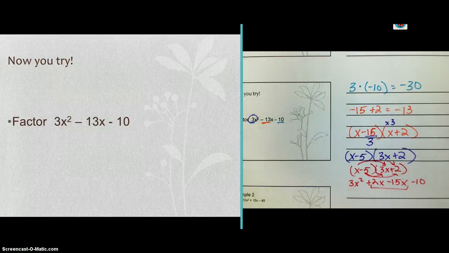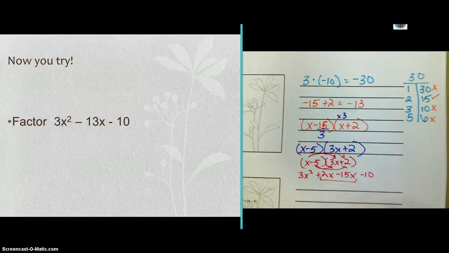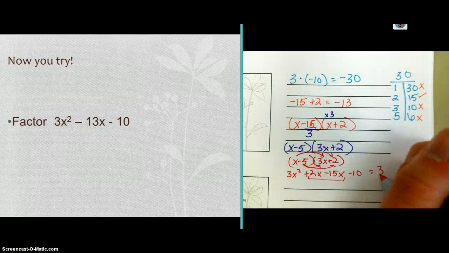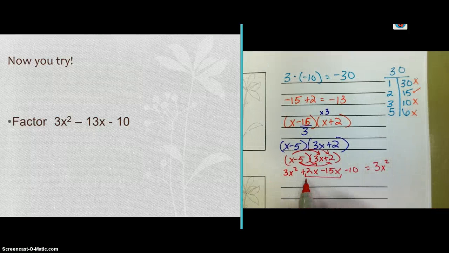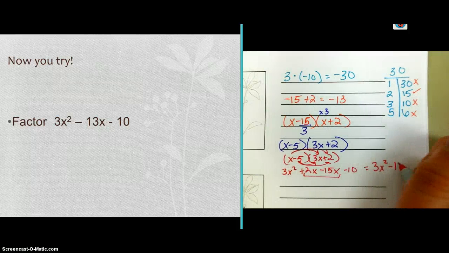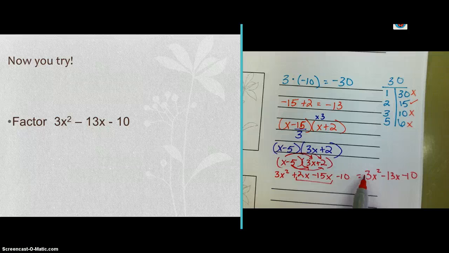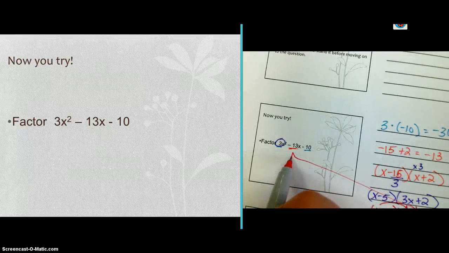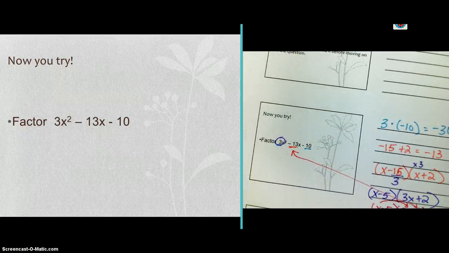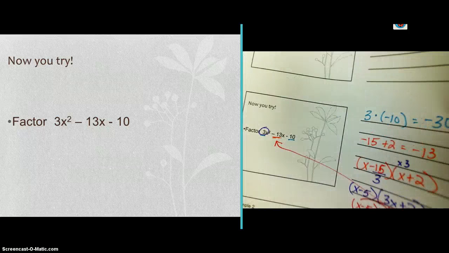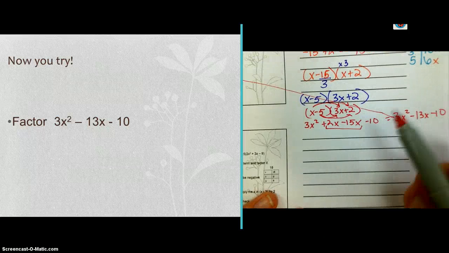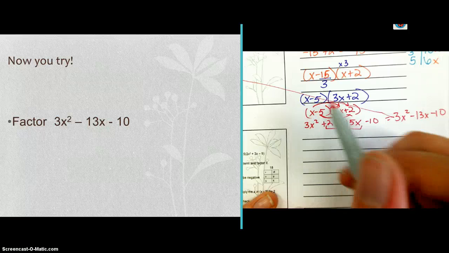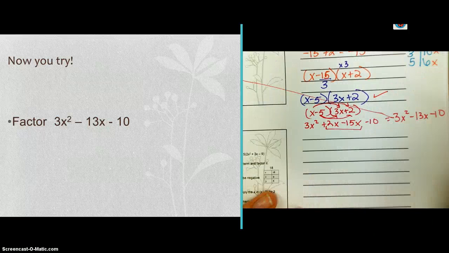Once I combine my like terms, I get 3x squared, 2x minus 15x is negative 13x, minus 10. Now if you look back, you will see that it was our original equation, which means that my factors here of x minus 5 and 3x plus 2, these factors are correct. We have the correct answer.